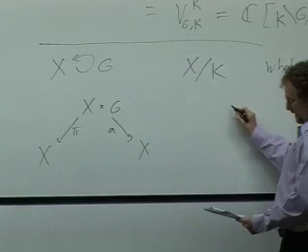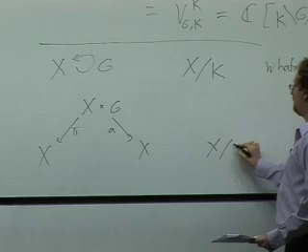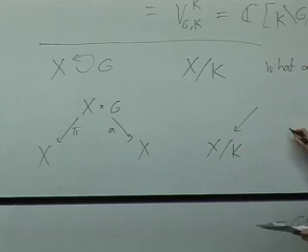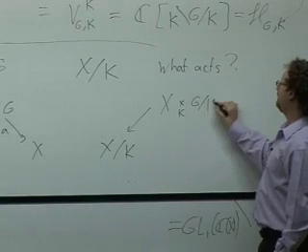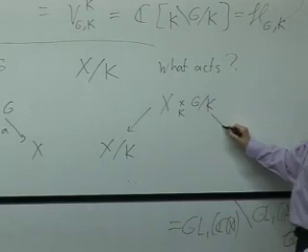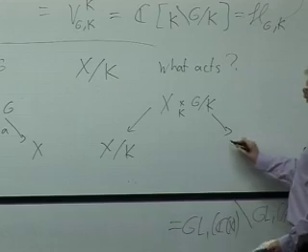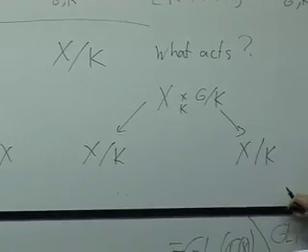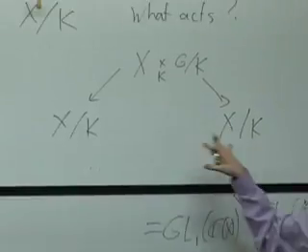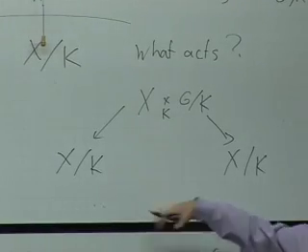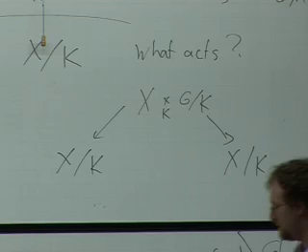The same kind of thing I can do if I go to X mod K: I have a natural correspondence over X mod K, which is X cross G mod K, where I do the same quotient over K. And this again maps from X mod K to X mod K. So this tells me that if I have a group acting on a space, I get a natural correspondence on X mod K. I don't get a group acting, but I get a natural correspondence.